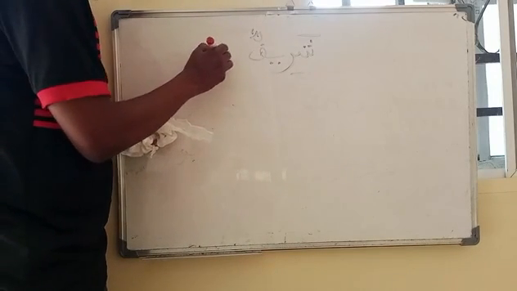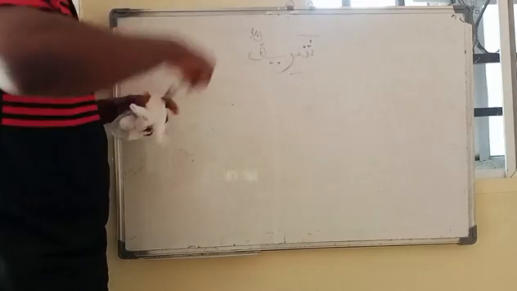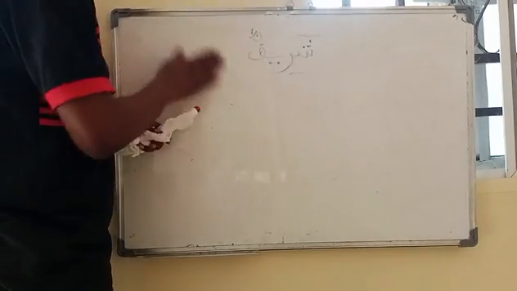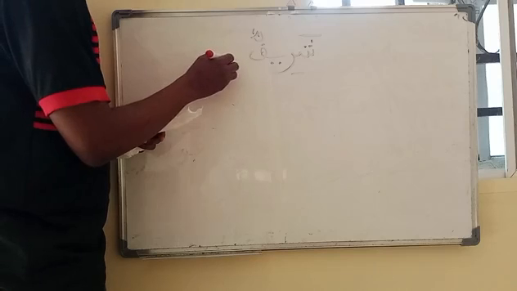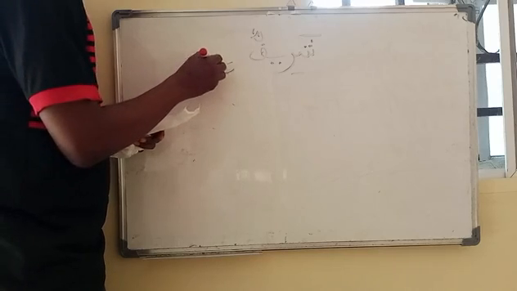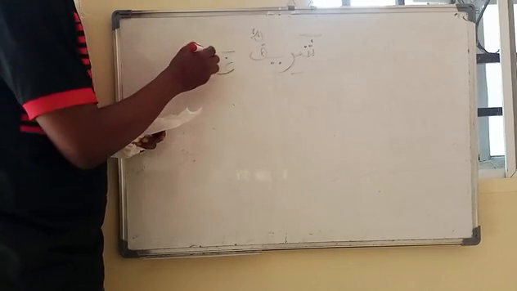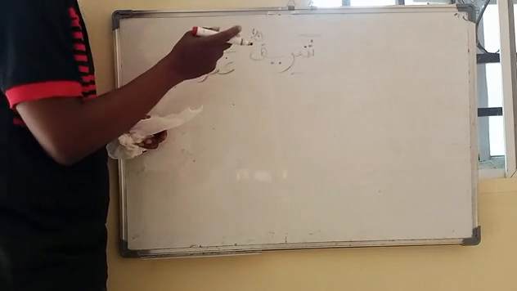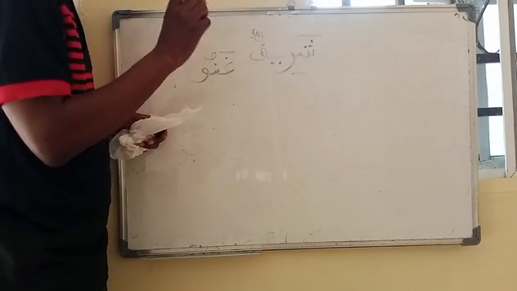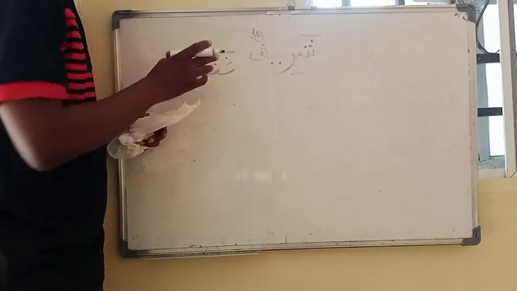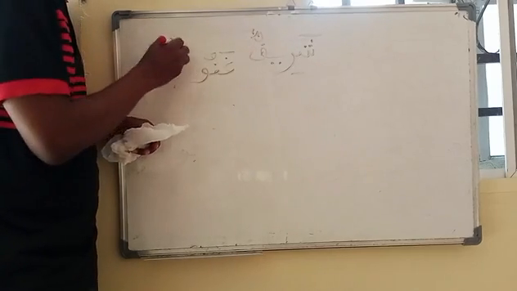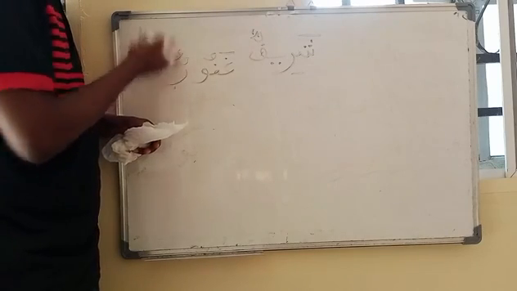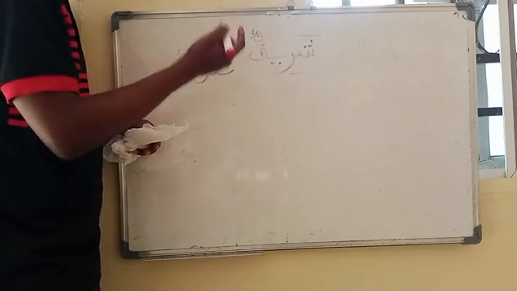Then let's look at another word. Ghafur. You can say ga or go, still fatha. So gafu, waw madda, fu, gafurun. Damma tan, run, gafurun.